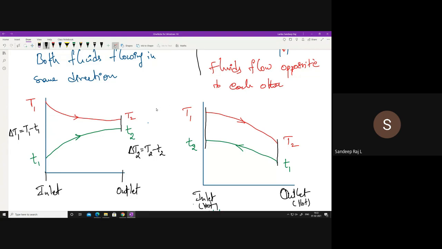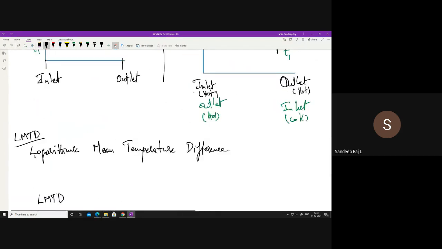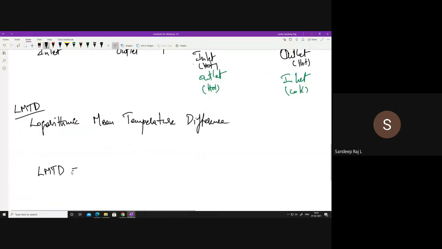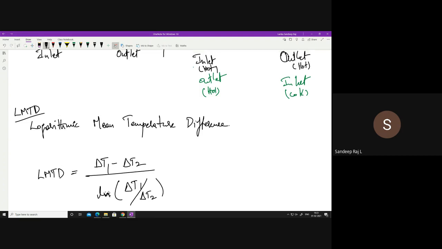So what's happening here? You have delta T1 on one side, delta T2 on the other side. So the LMTD will be equal to delta T1 minus delta T2 by ln of delta T1 by delta T2. ln meaning logarithm to the base e. Okay. So this is how the formula is taken in case of a parallel flow.